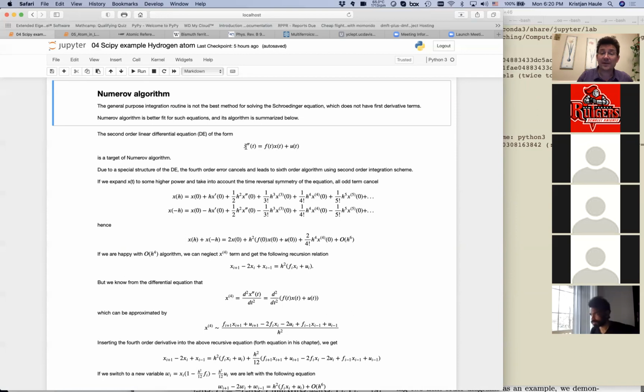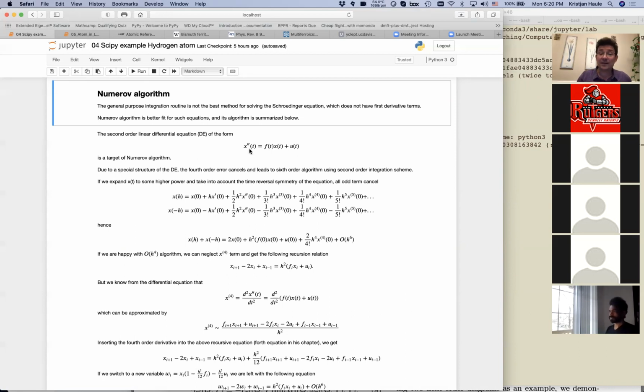Once more, this Numerov algorithm works for second order differential equations in which the first order term does not appear. Generically, when you have a second order differential equation, you also have a first order term, the first derivative. And in this case, of course, we cannot use the Numerov algorithm.